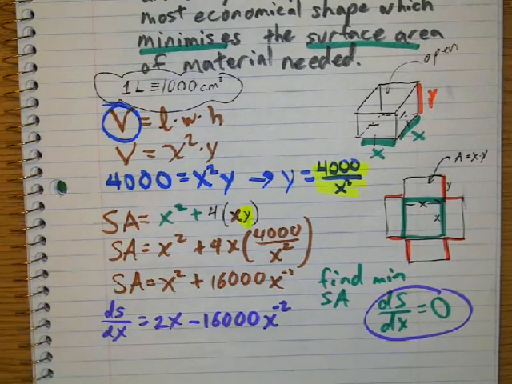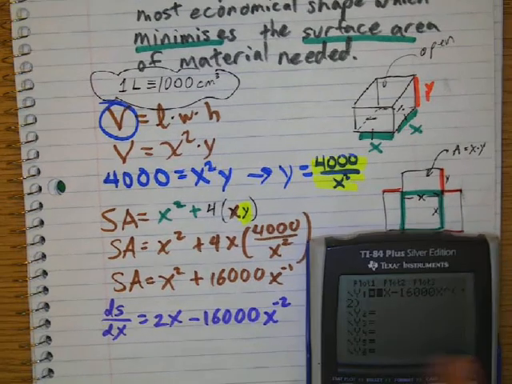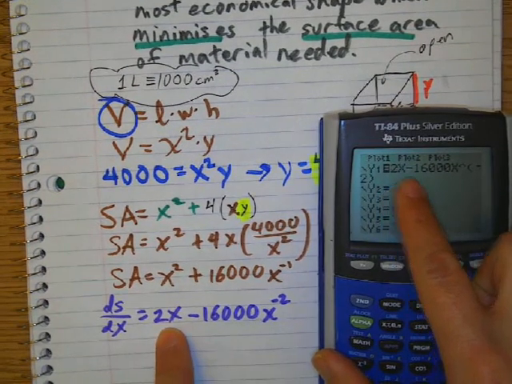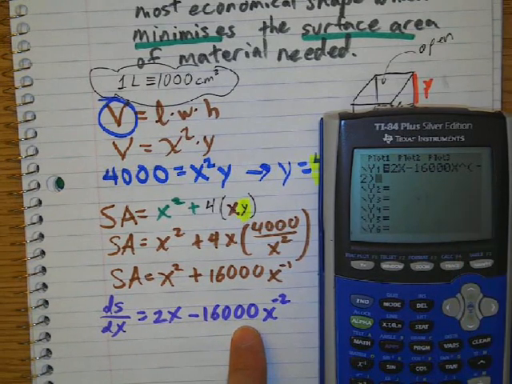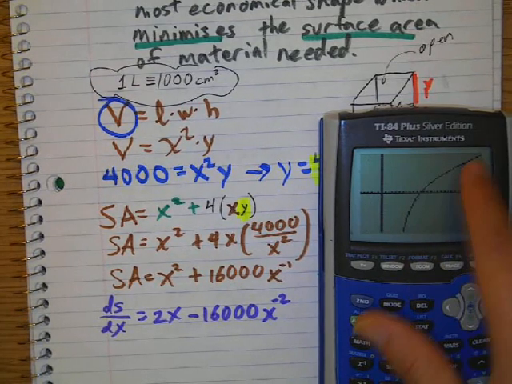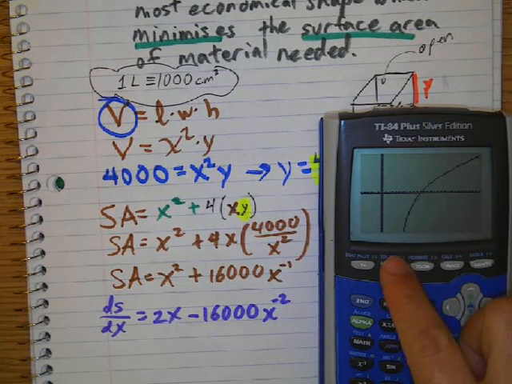And if I type that into my calculator, I've got 2x, I've already typed it in. There we go. So the next thing I'm going to do is hit graph, and then we get something like this. You might need to change the window around.